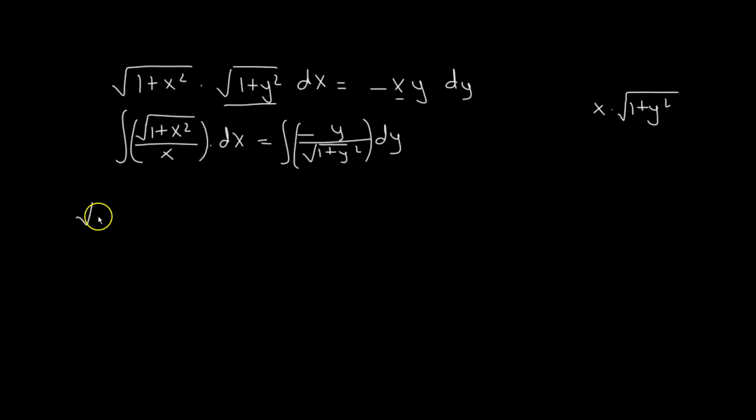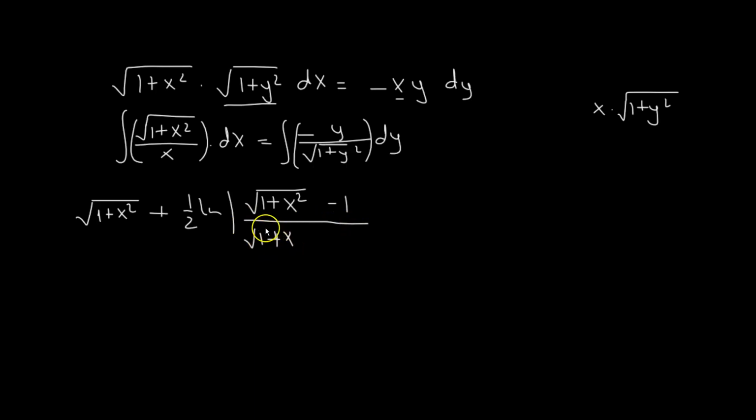Now that will be square root of 1 plus x squared plus half times natural log of square root of 1 plus x squared minus 1 divided by square root of 1 plus x squared plus 1.